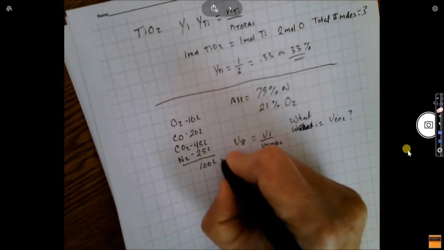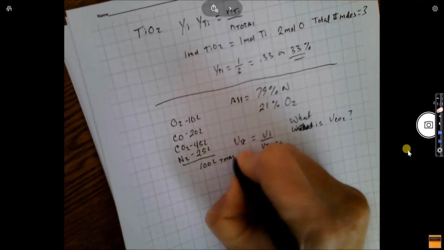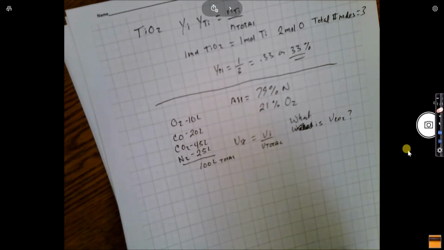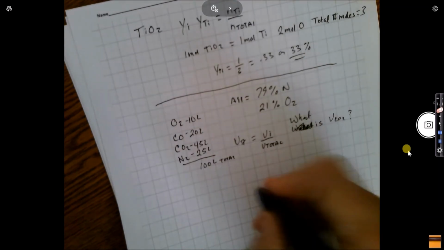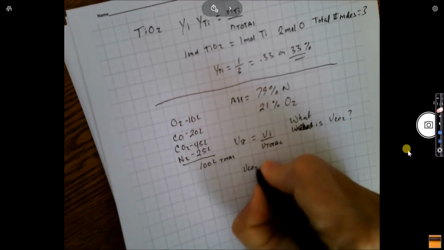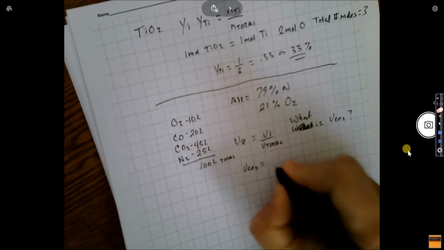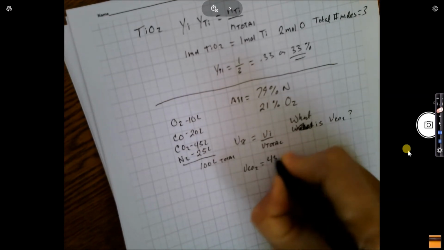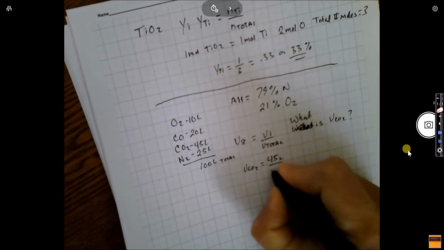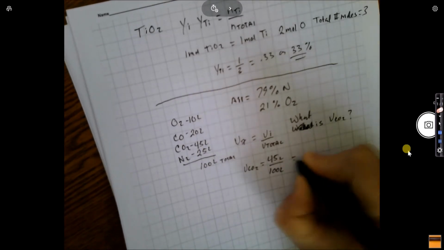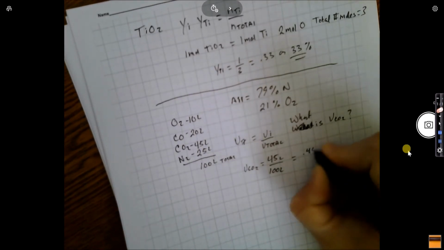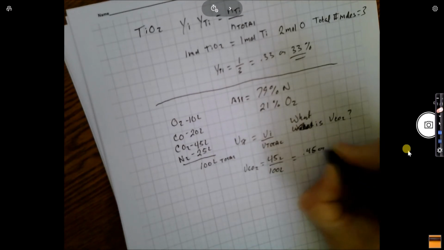So 100 liters total. And we want to calculate our V CO2. So our V CO2, this is probably going to be way simple by this point, is 45 liters over 100 liters, and that equals 0.45 or 45%.